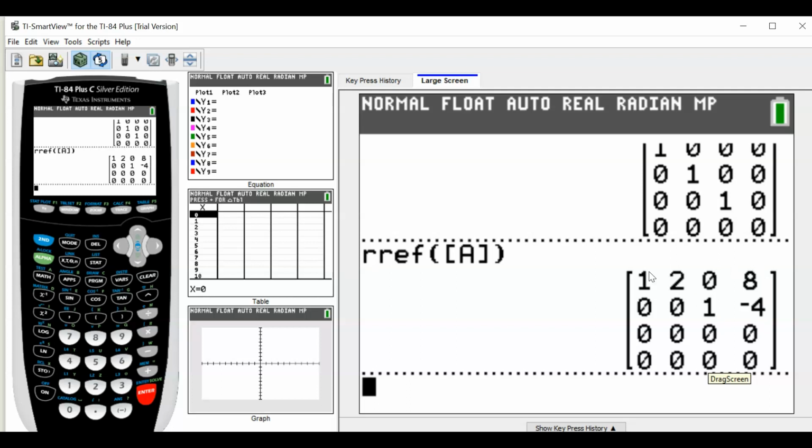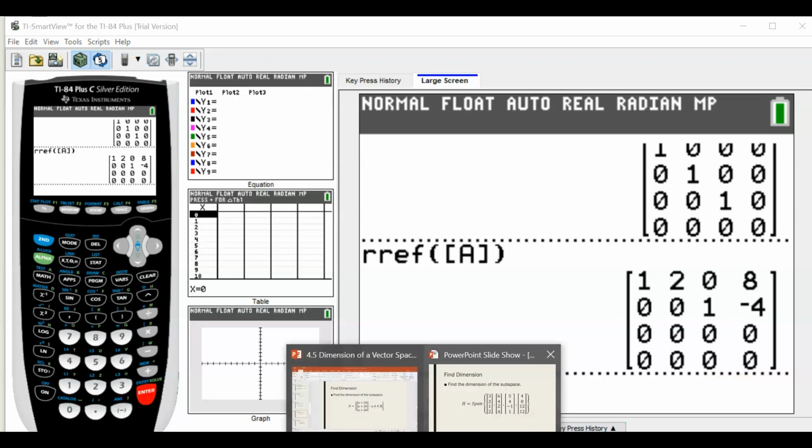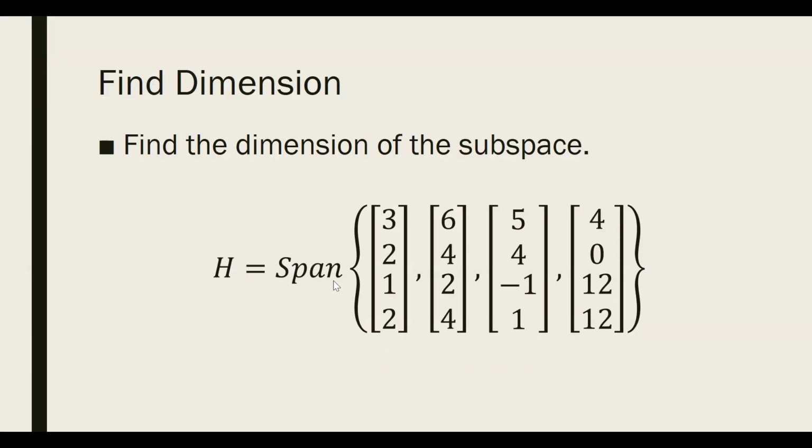That means that the span of this set could have been generated by just the first vector and the third vector. And therefore the set containing the first vector and the third vector is a basis for H. So the dimension of the subspace is 2.